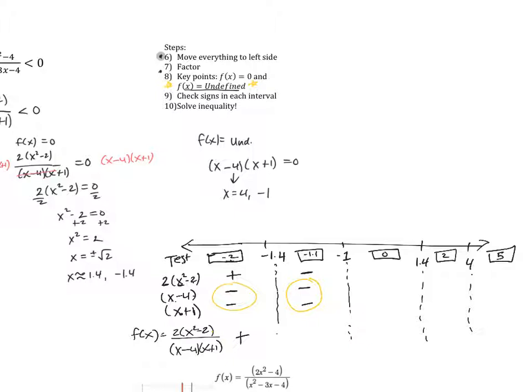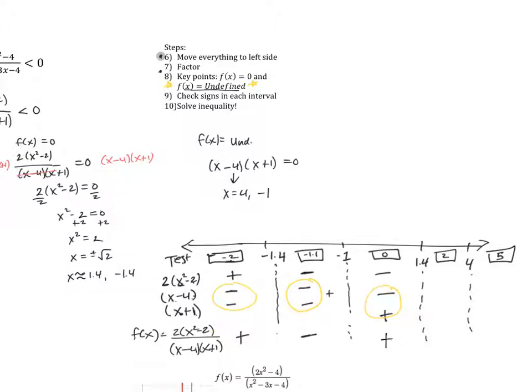So a negative divided by a positive gives me a negative output. All right, 0. 0 squared minus 2 is negative. 0 minus 4 is negative. 0 plus 1 is positive. So my denominator ends up being negative, and then I have a negative divided by a negative, which is a positive.